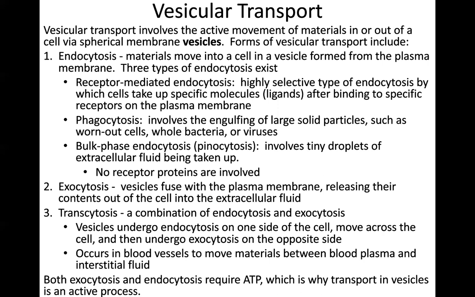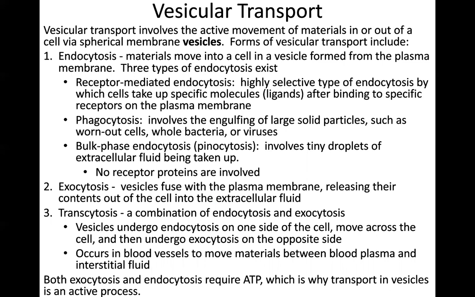Okay, and it's a lot like what we saw the other day when we talked about the rough endoplasmic reticulum making proteins that then get carried to the Golgi with these little bubbles. Except now we're either moving something into the cell or out of the cell, or a combination of the two.